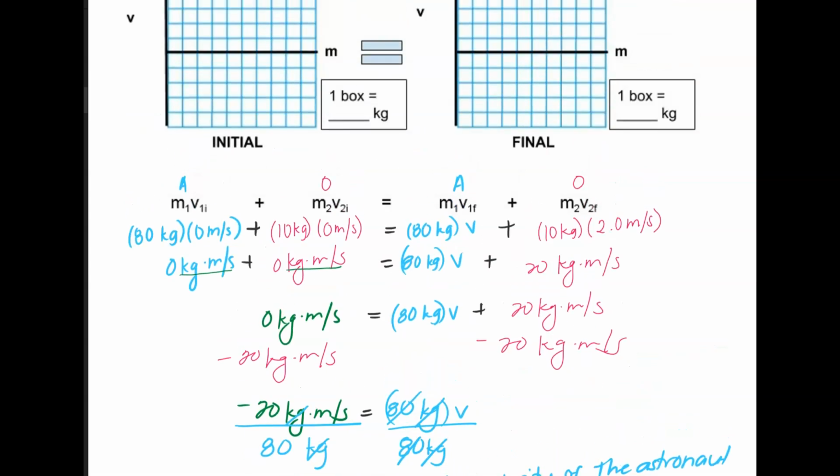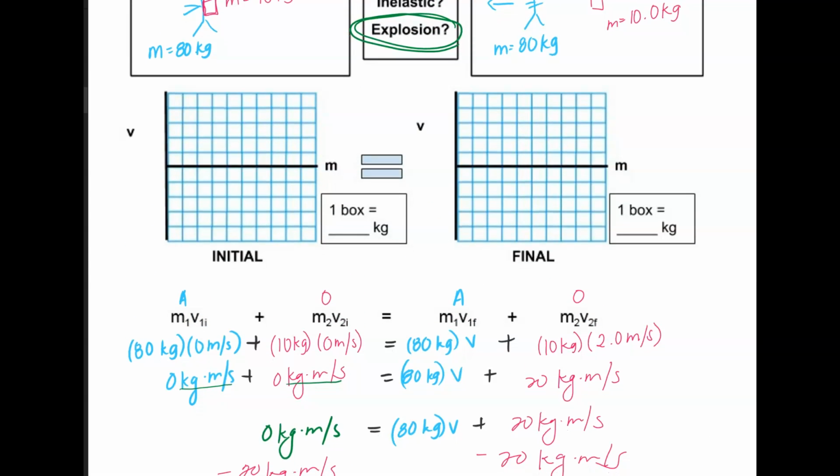Okay, and so for our graph, I think I'm going to make each box worth 10. I should have used a different color for the astronaut, but here we go. The astronaut will be, let's see, 1, 2, 3, 4, 5, 6, 7, 8.